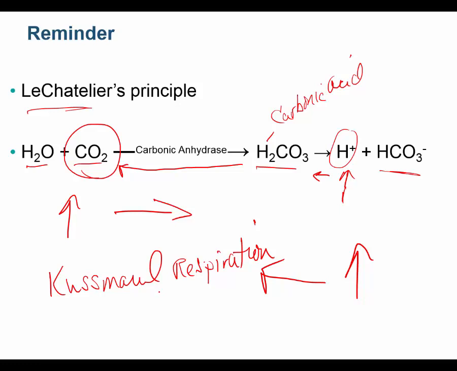I can be breathing poorly, like with chronic obstructive pulmonary disease or emphysema, retain CO2 and become acidic. Or if I'm normally breathing and I have metabolic acidosis, I can increase my breathing and adjust my pH that way. So this reaction is extremely important.